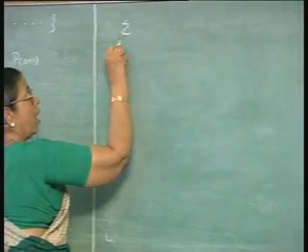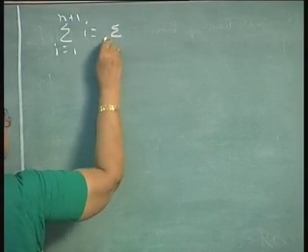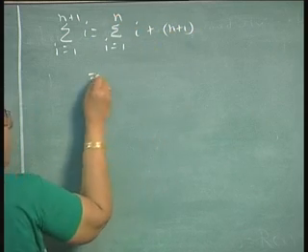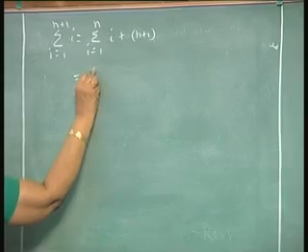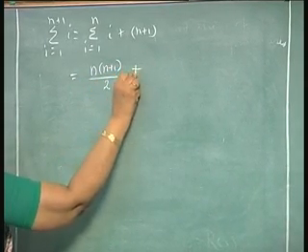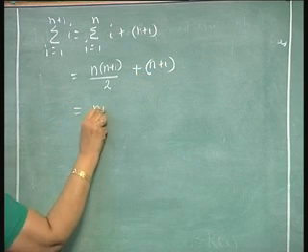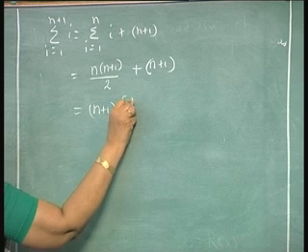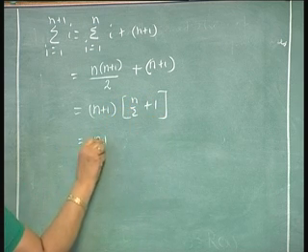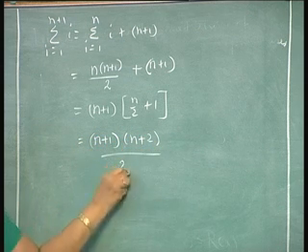Sigma i for i equal to 1 to n plus 1 is equal to sigma i for i equal to 1 to n, plus n plus 1. And by induction hypothesis we know that this is n into n plus 1 by 2. So, this becomes equal to this, and taking n plus 1 out you get n by 2 plus 1, that is equal to n plus 1 into n plus 2 by 2.